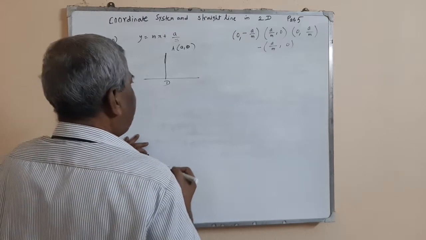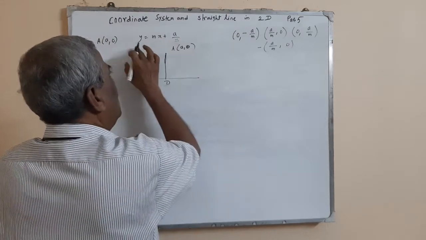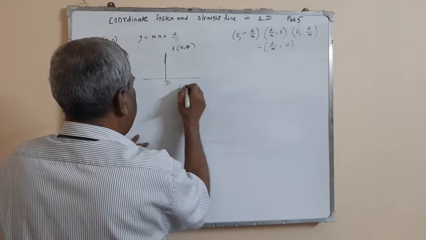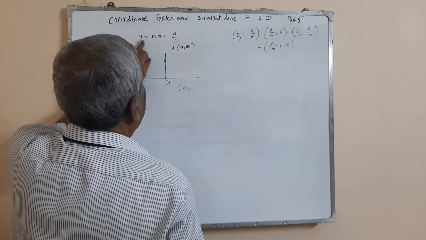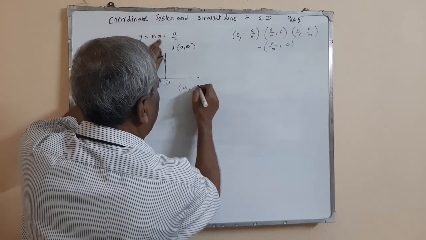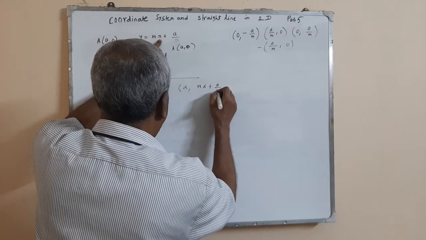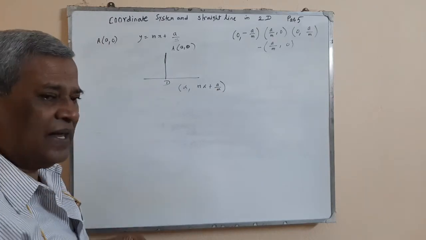So let us take any point on the straight line. Let that point be x = alpha. If x is alpha, y = m alpha + a/m. Parametric form, and the parameter is alpha.